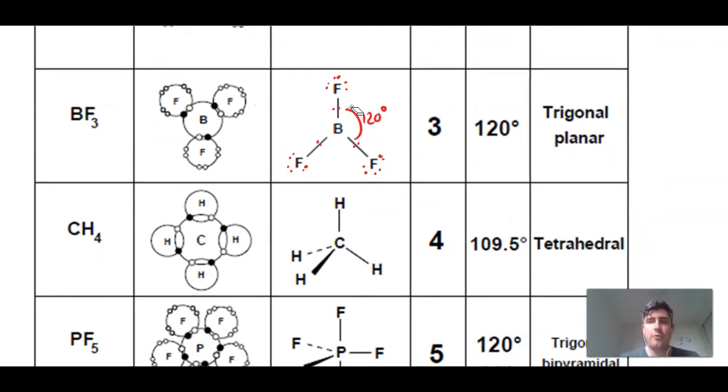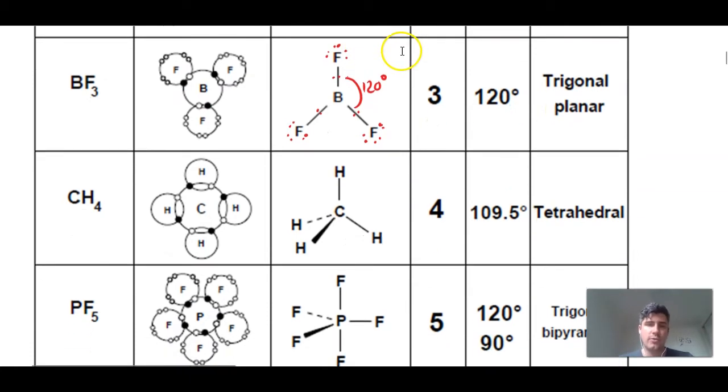Now when you have four bonding pairs, you suddenly have this three-dimensional structure form, where the best way of arranging the atoms is in two V shapes opposite, perpendicular to each other. So the angle formed is 109.5 degrees, and this is the same angle everywhere between all of them.